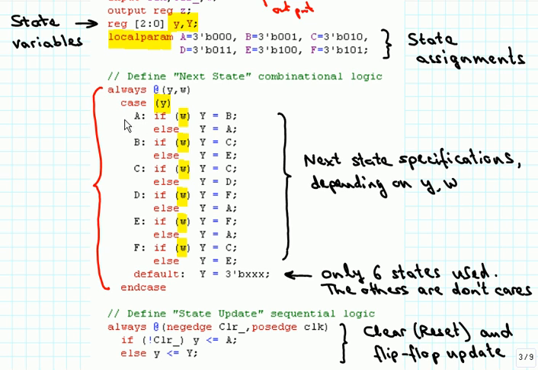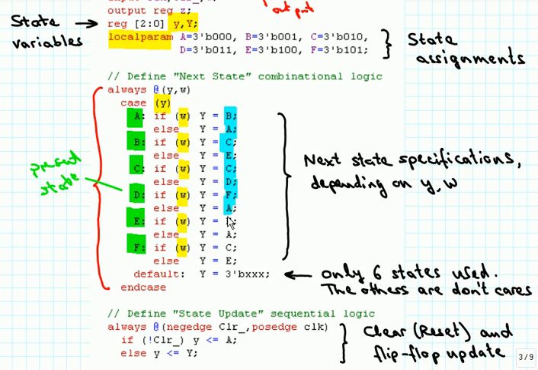So the A, B, C, D, E, and F here, those are the present state. And the ones that we specify over here, those are the ones which are going to be the next states. So those are the next state specifications.